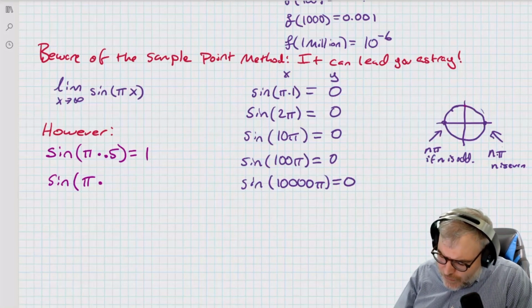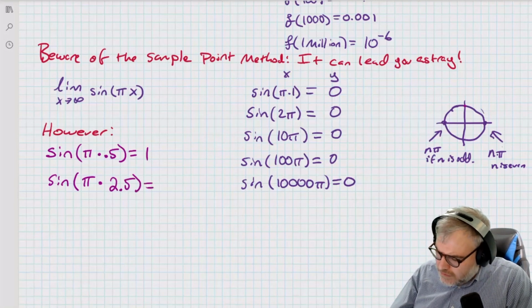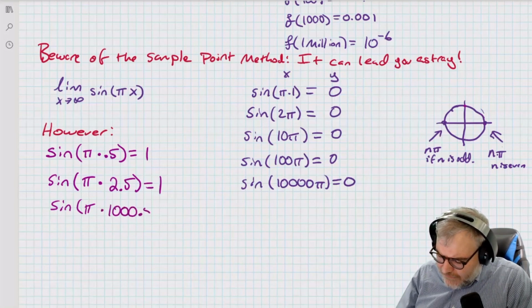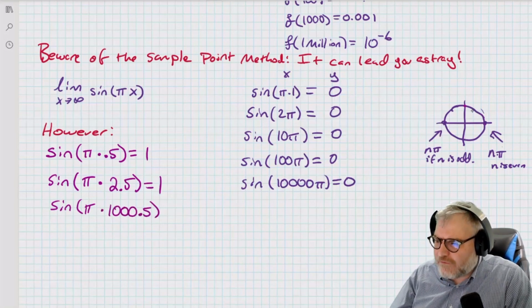What if I go to 2.5? Well, that would be 1, 2, and a half. That also equals 1. What about sine of pi times 10,000.5? Well, I'm going to go around 500 times and then hit 1.